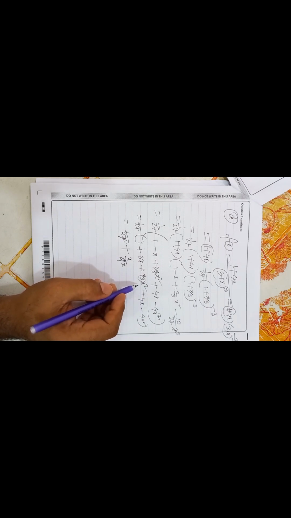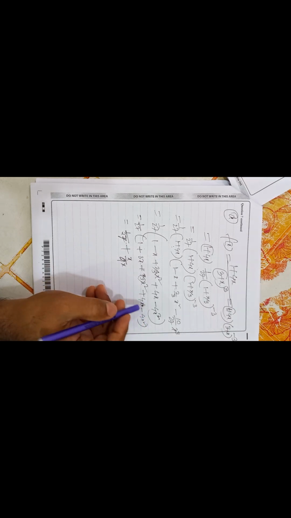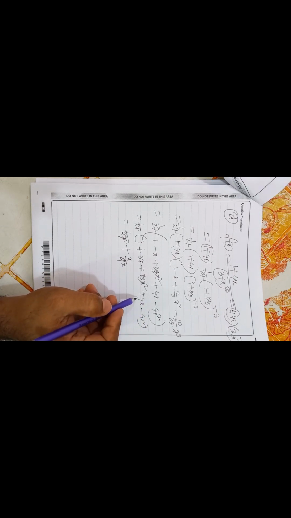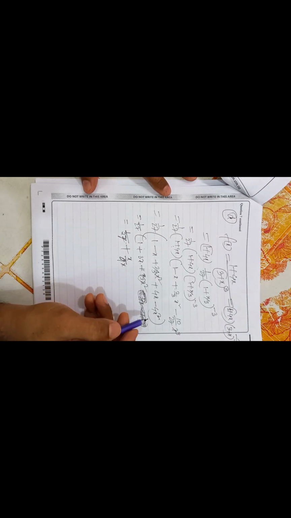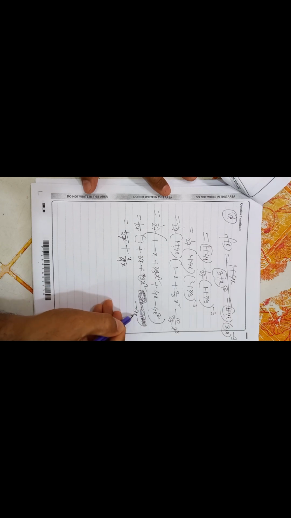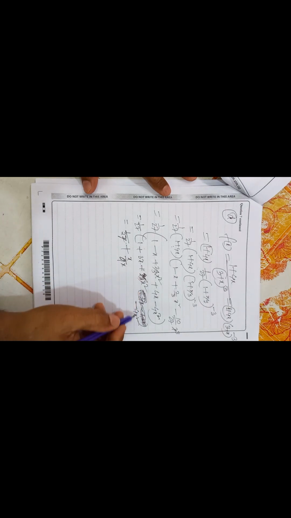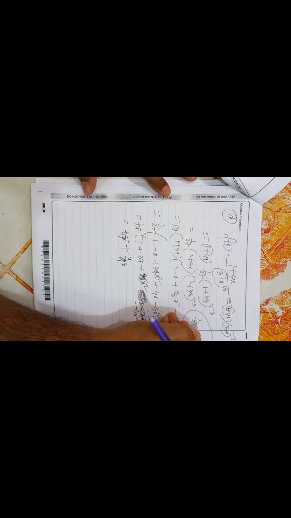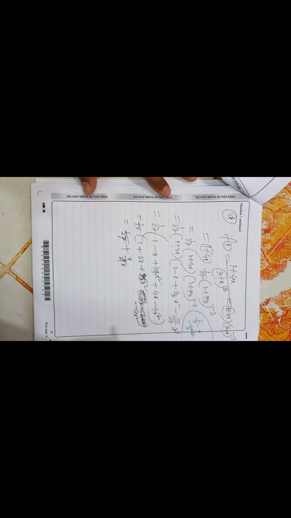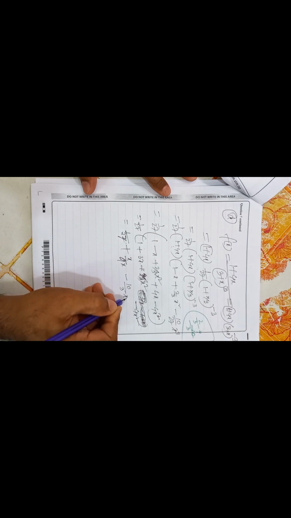So 1 by 27 times (1 minus x plus 4x, so there is 3x), and then 2 over 3 x square minus 4x square. If I calculate 2 over 3 minus 4, that is 3 times 4 is 12, 2 minus 12, that is minus 10. So we are getting minus 10 over 3 x square.